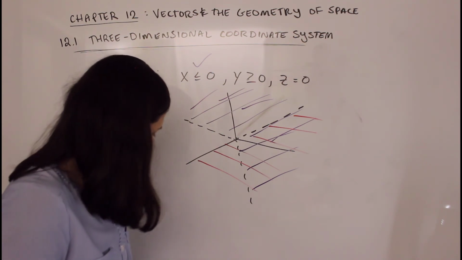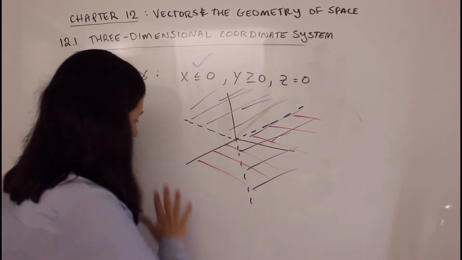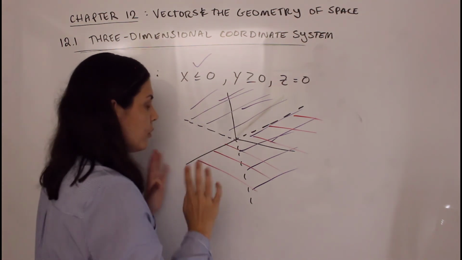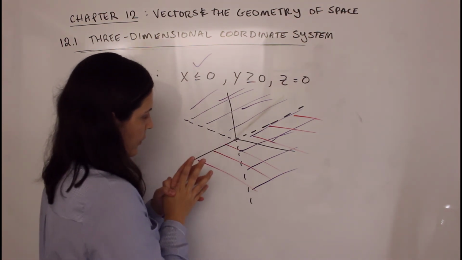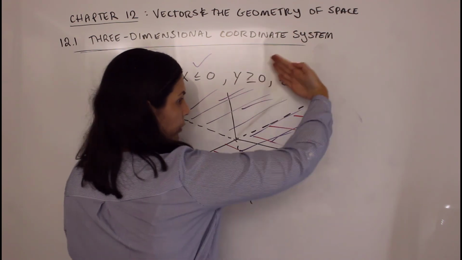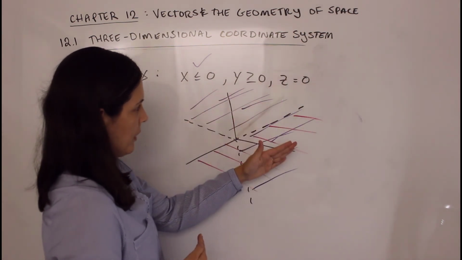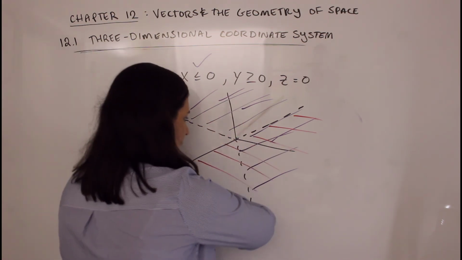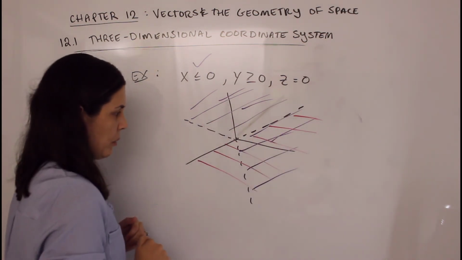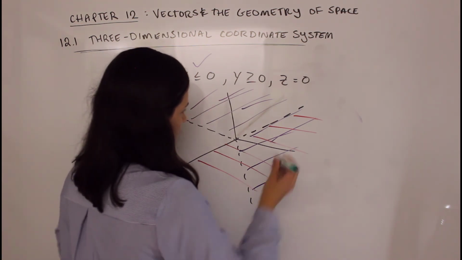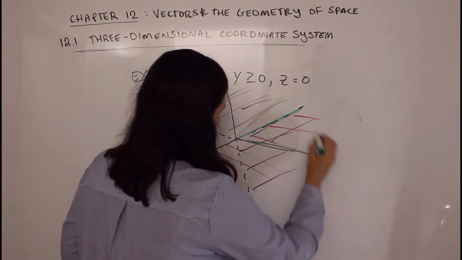So now I kind of have to erase some stuff and just keep where all of this lines up. Take a minute and visualize it. It's back over here where x is negative, up here where y is positive, but only the sliced xy plane. And so it's really just this area right in here.